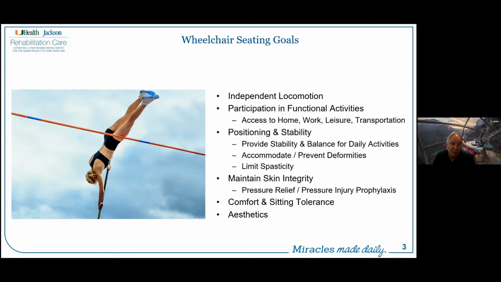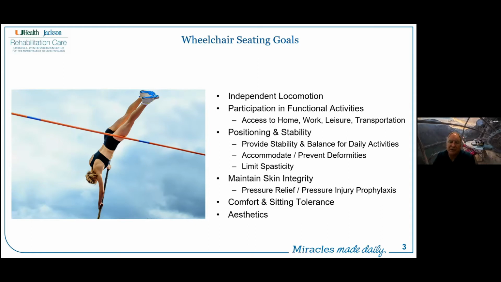A next very important piece of this is to make sure that we are providing appropriate positioning and stability. That's going to be for balance of their daily activities, to accommodate and prevent deformities, particularly musculoskeletal deformities, and to limit spasticity, as well as to maintain skin integrity.